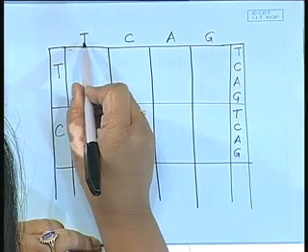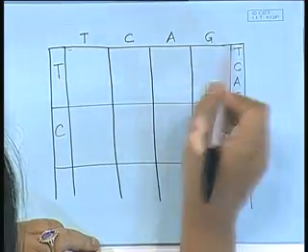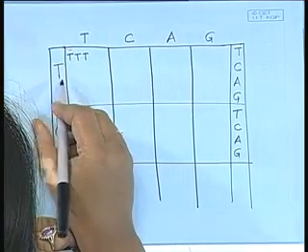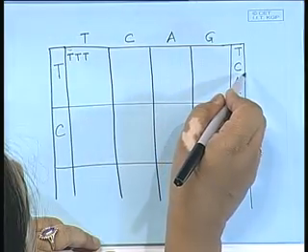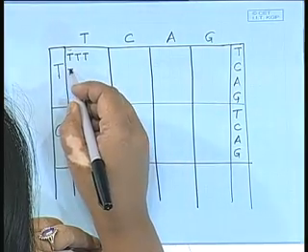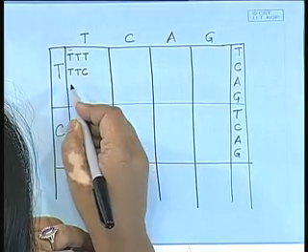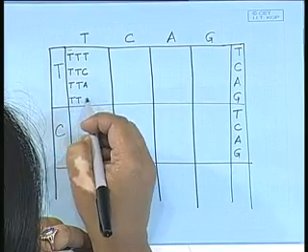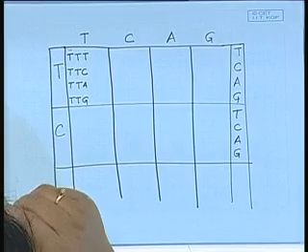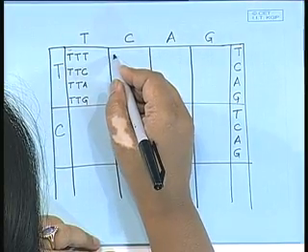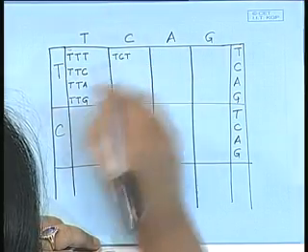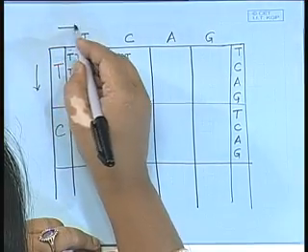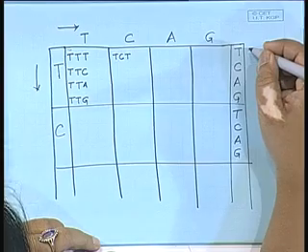Okay. So, what is the first? T, T, T. The second one will be T, T, C. Third one is going to be T, T, A, T, T, G. Okay. In this case, we have T, C, T, because the first one is T. This is the first one, this is the second one, and this is the third position.